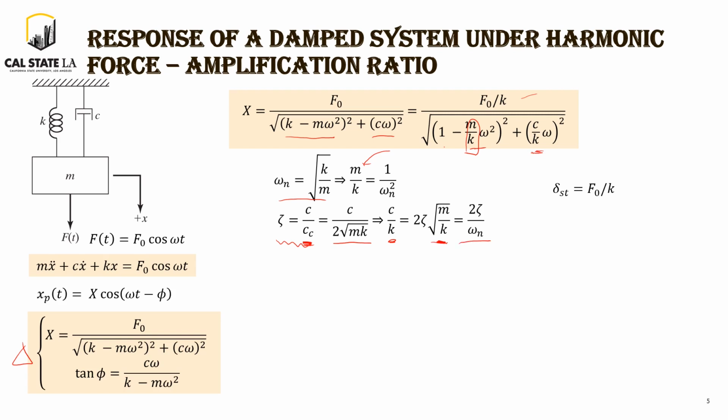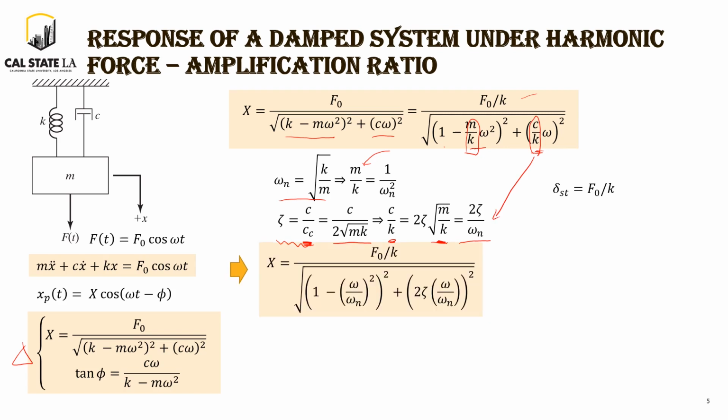So we're going to replace these two terms by what we found just now. It will give us omega over omega n squared over here, and this term will also have omega over omega n. So now x becomes f0 over k divided by the square root of (1 minus (omega over omega n) squared) squared plus (2 zeta omega over omega n) squared.